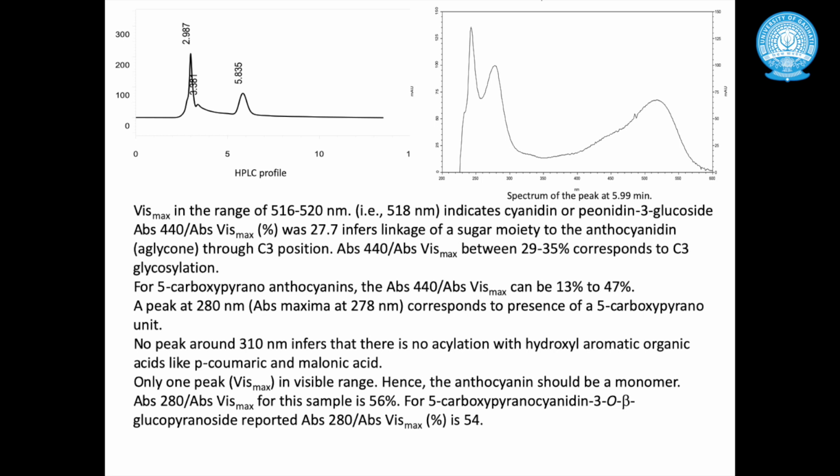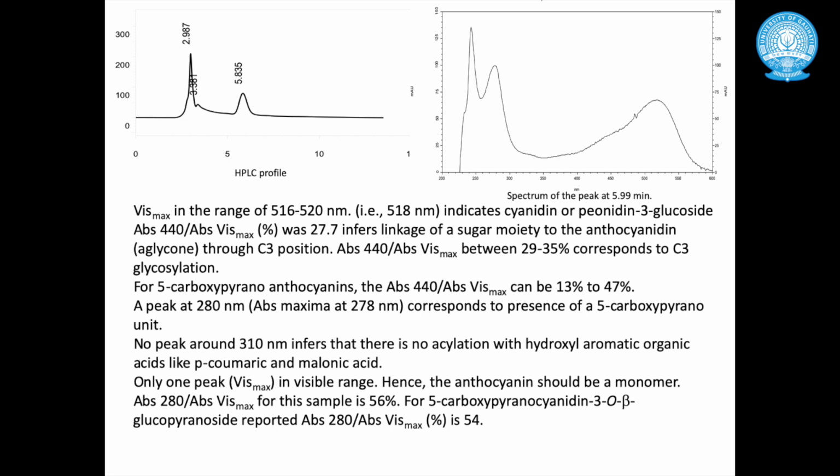So if we look at the other peaks present in this profile, then we see that around 280 there is one peak, and around 260 there is another peak. So these three peaks, one at around 260, another at around 280, and the third one in the visible range around 526 nanometers.